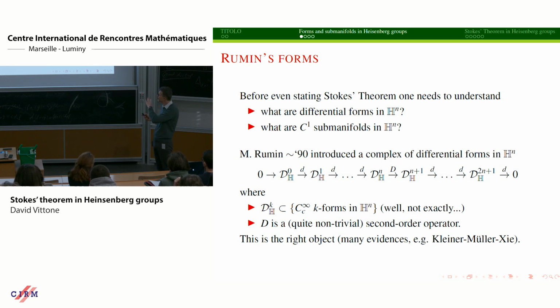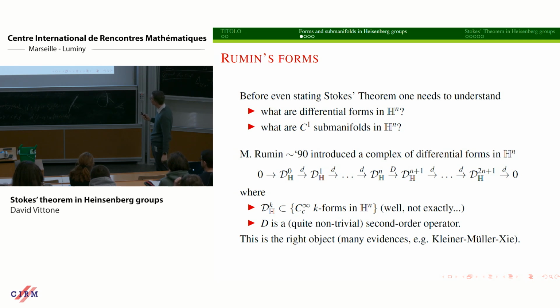Actually, this complex of forms can be introduced even in Carnot groups by works, for instance, of Véronique Fischer, who should arrive at some point, I guess, and Francesca Tripaldi. So this more or less answers the first question.